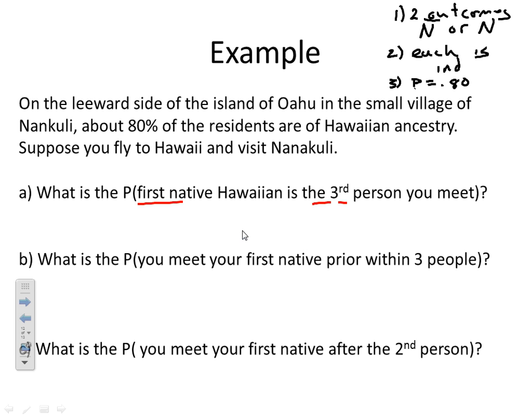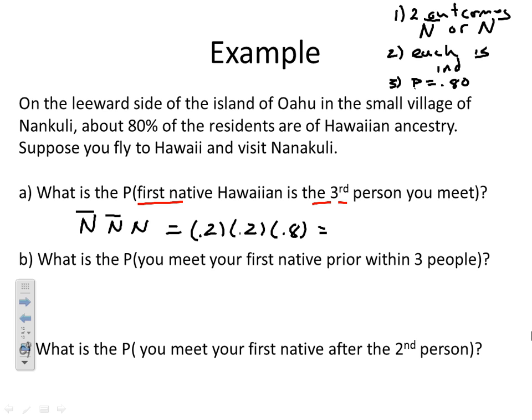So that would be not native, not native, native. There's only one way this works. We don't have to worry about all the different scenarios. So for us, it's just a matter of plugging this in. Not native is 20%, not native is 20%, and then finally we meet the native at 80%.